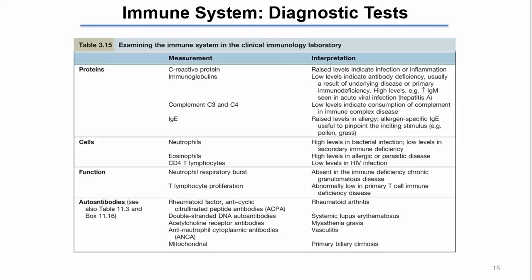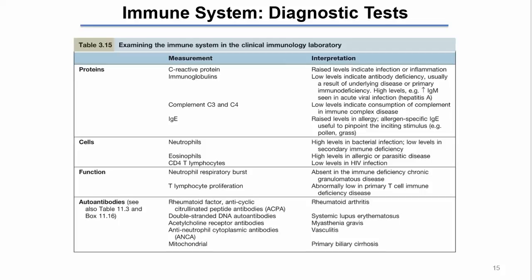And we can use those IgEs and test the ones that are harvested to find out what the inciting allergy is, whether it's dust mites or grass or peanuts.